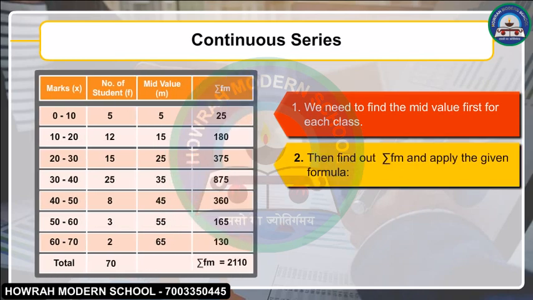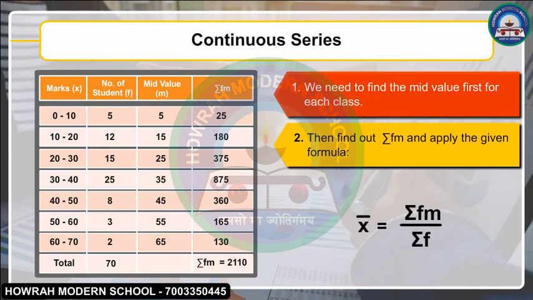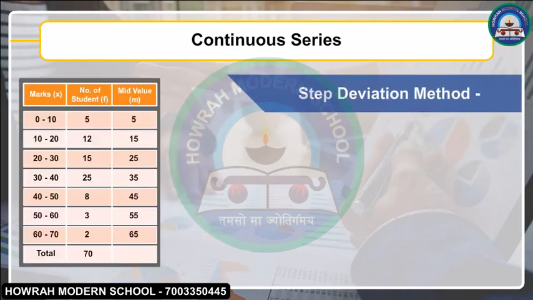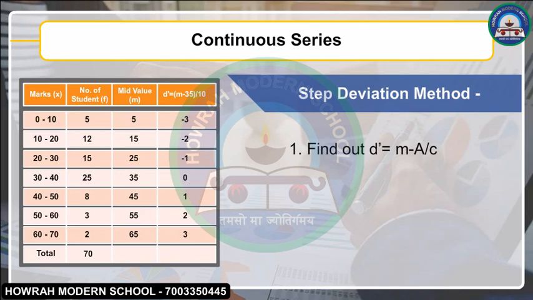Then find out summation fm and apply the given formula. X bar is equal to summation fm upon summation f. Step deviation method. Find out d dash is equal to (m minus A) upon c. X bar is equal to A plus (summation fd dash upon summation f) into c.